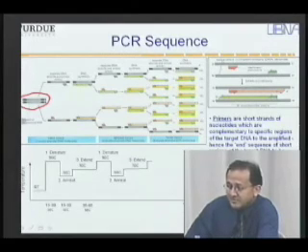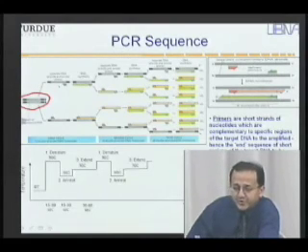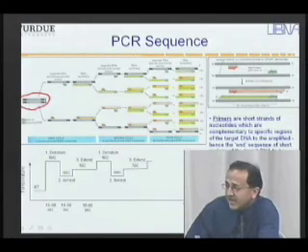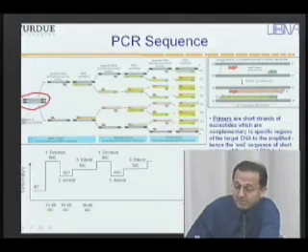These primers would then bind to the two strands, and then you perform the DNA synthesis using the enzyme DNA polymerase, which takes nucleotides from the ambient solution and starts to construct the complementary sequence.